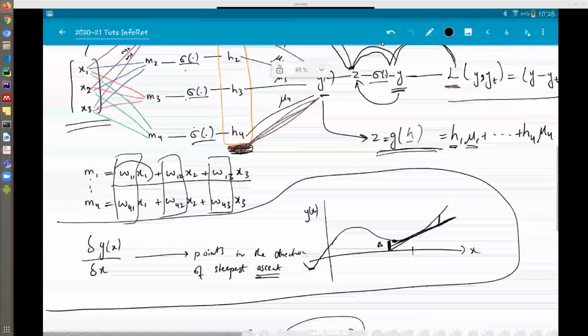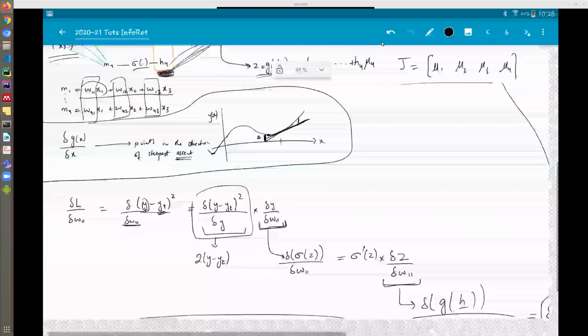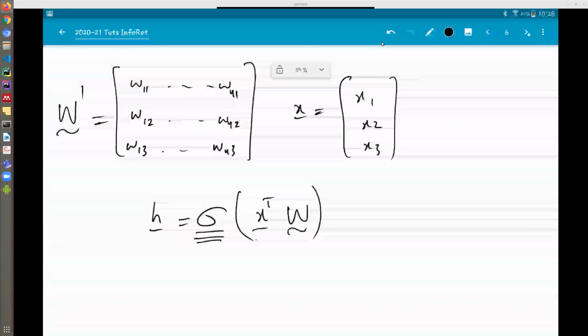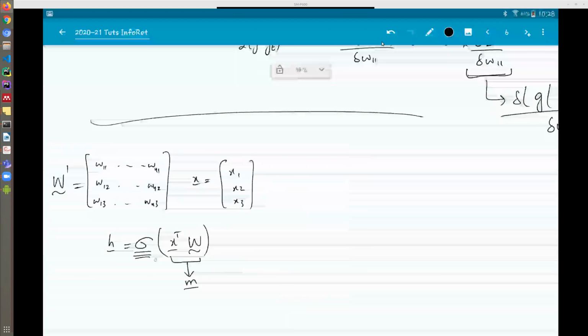If we look from the figure, this is equal to the m vector, and applying this activation function on the m vector gives us h.